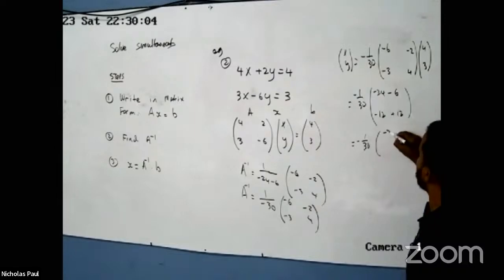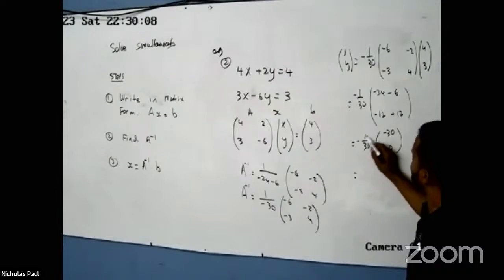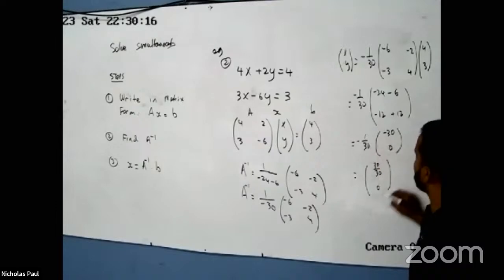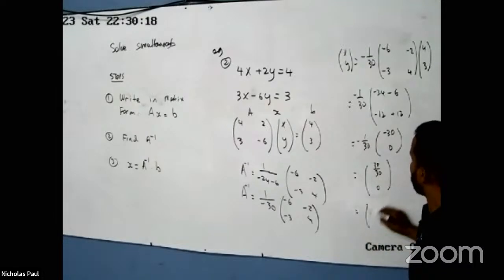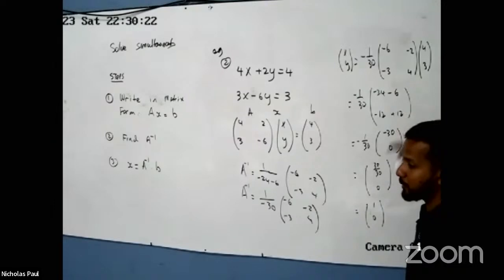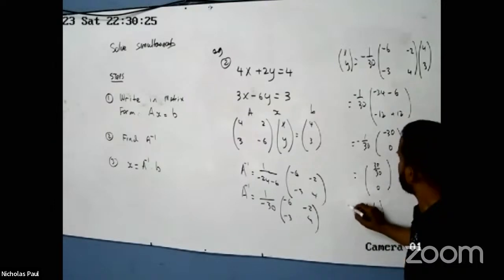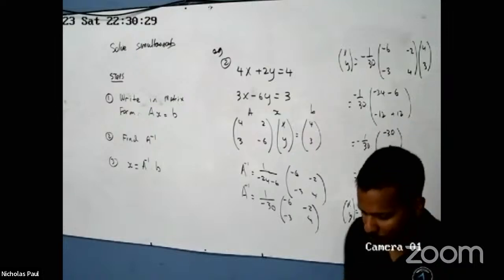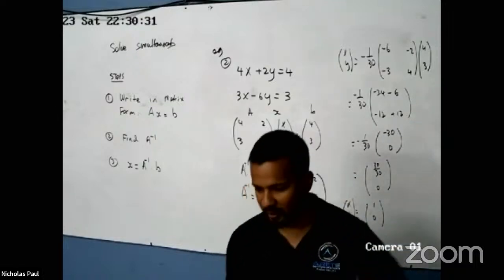This value here is minus 30. This value here is 0. So minus 1 on 30 by this will give you positive 30 on 30. 1 on 30 by 0 will give you 0. So you'll end up with 1, 0. Right? So you had until here, you must write this back. Okay? So that's your X, Y. XY is 1, 0. Let's try some past papers.